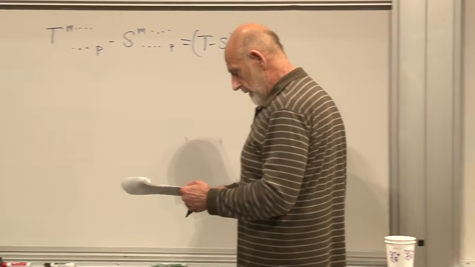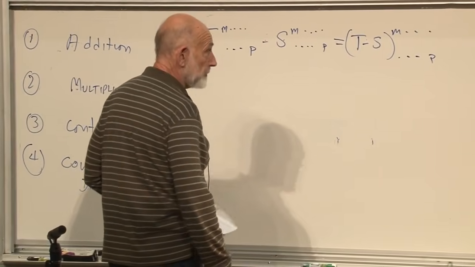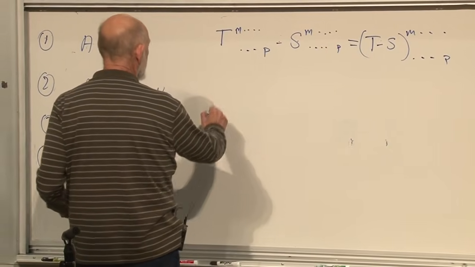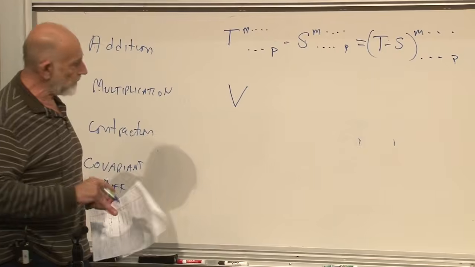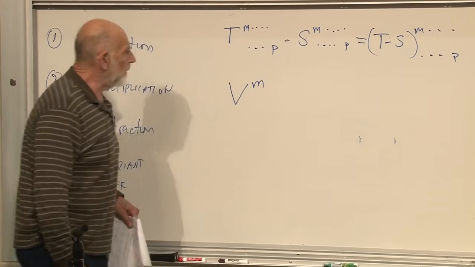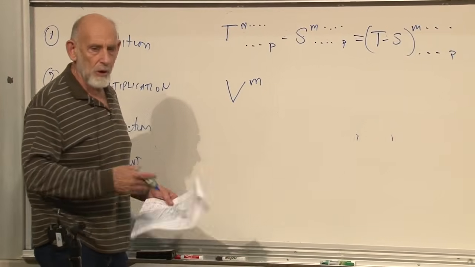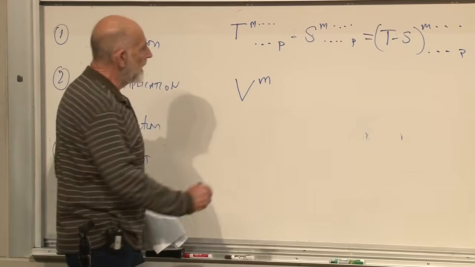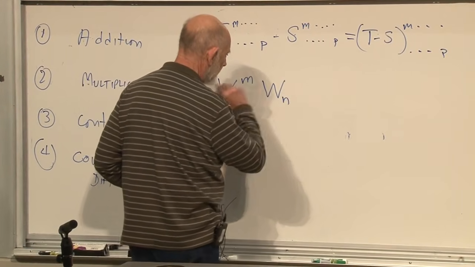Let me start with an example: multiplying two vectors. Suppose we have a vector with a contravariant index, and we multiply it by some other vector. To make life a little more complicated, let's multiply it by a vector with a covariant index.